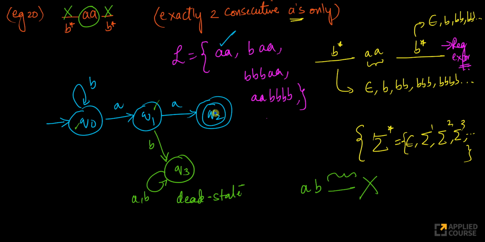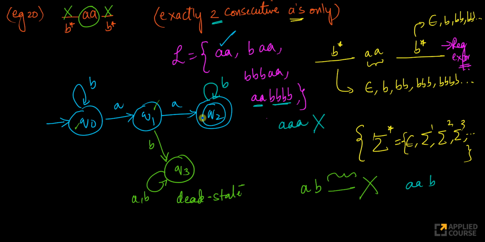If I get AA, now after AA, if I get a B, I can stay in the same state. It's always going to be a final state because I have exactly one occurrence of 2 consecutive A's and nothing else. But if I get 3 occurrences of A's, this should never be accepted by this language because I want exactly 2 consecutive A's.